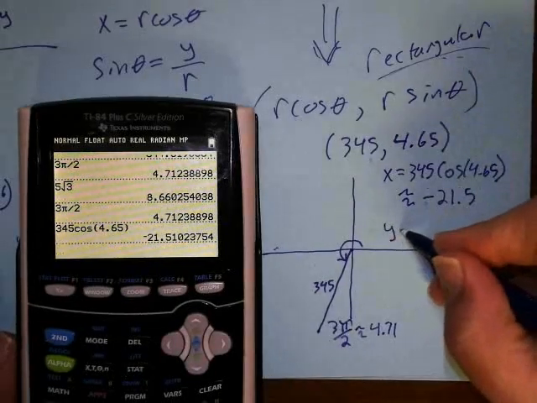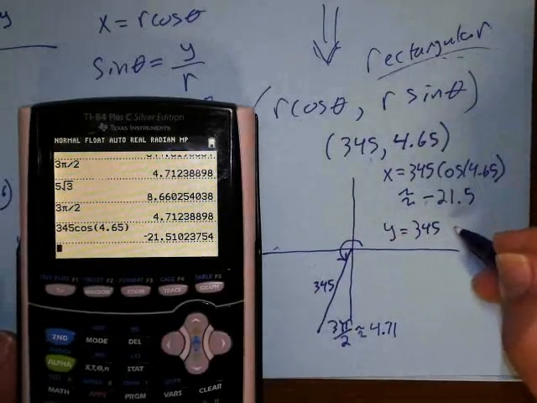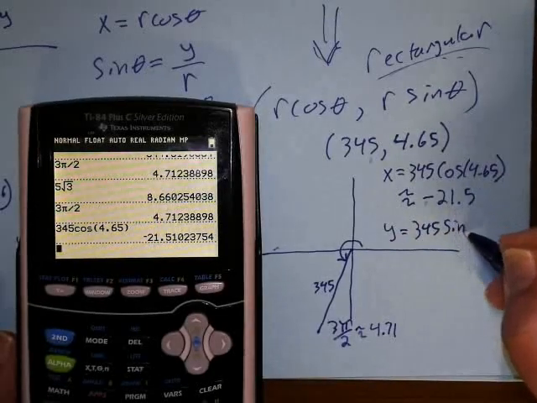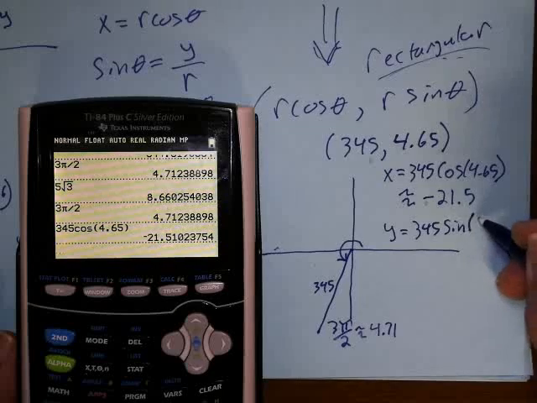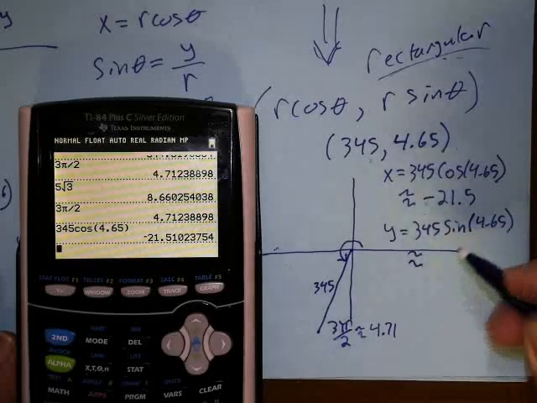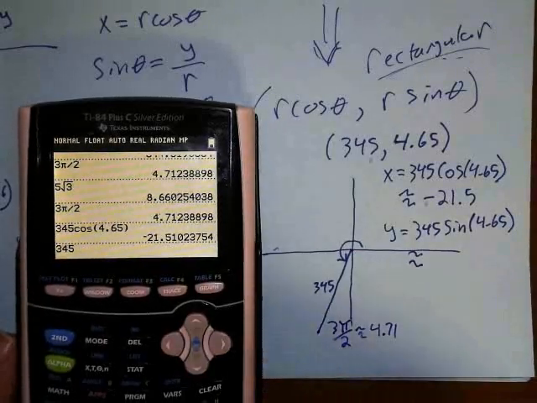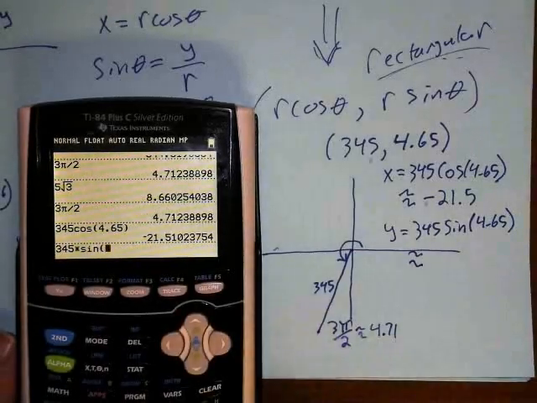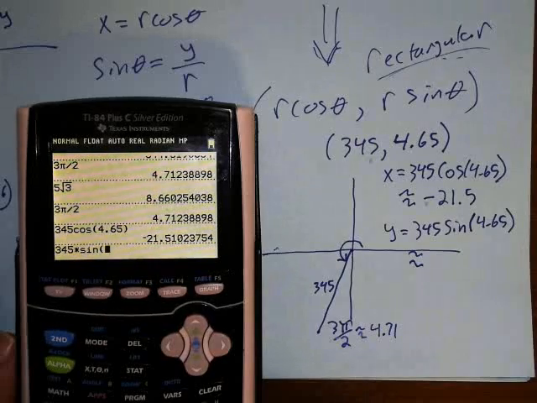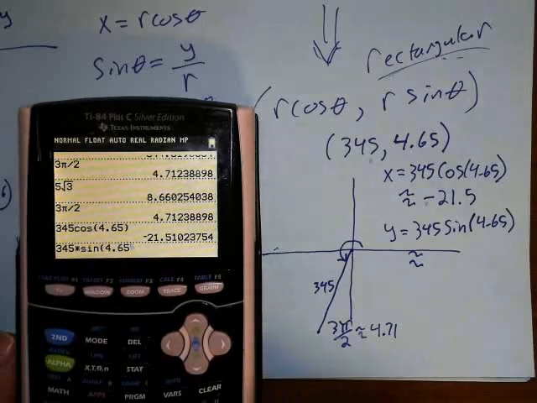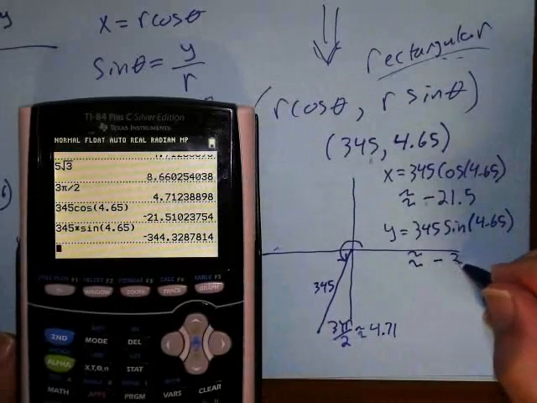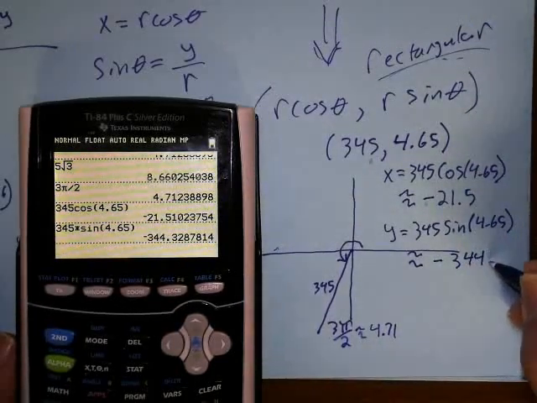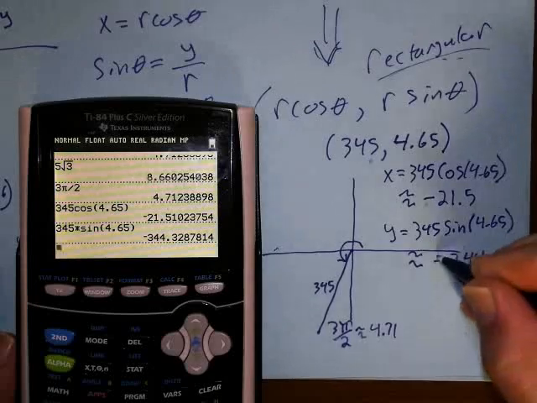And then my y is 345 times the sine of 4.65, and I get like negative 344.3.